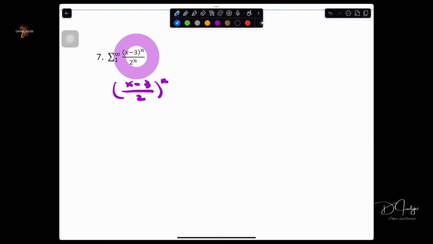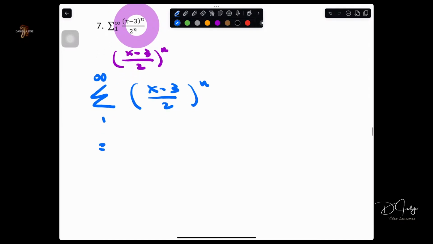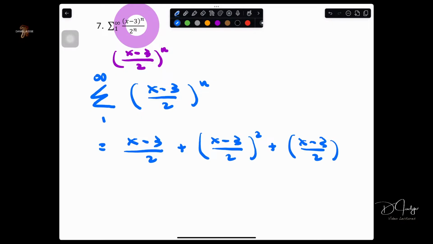So we're looking at the series here, n from 1 to infinity. All right, let's look at the terms. X minus 3 over 2, x minus 3 over 2 to the second power, third power, and that goes forever.